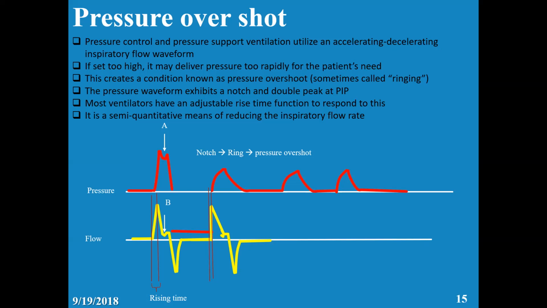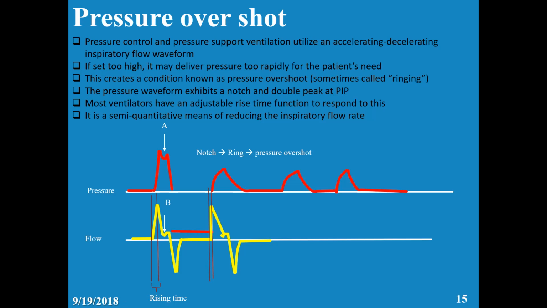If the flow is set too high, it goes up and then goes down, up and then down. That's what we call pressure overshoot. It means the timing of the rising of the flow is higher than accepted, and it needs to go down.